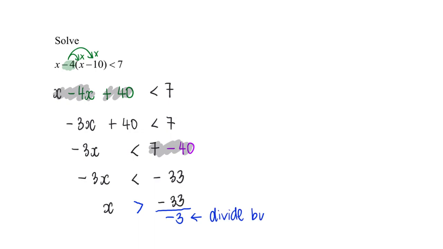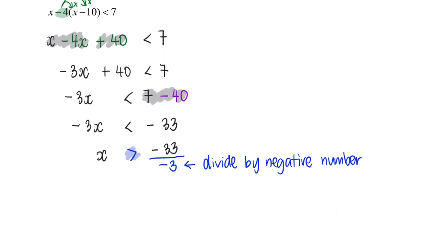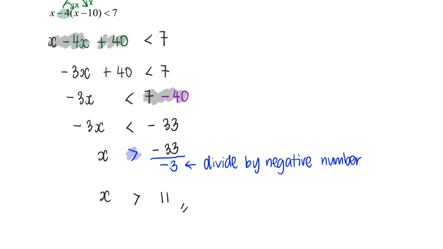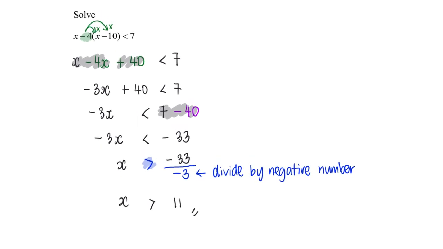So every time you divide by a negative number, you have to change this particular sign. Okay. So final answer, x must be bigger than 11. Alright, and we are done with this question.